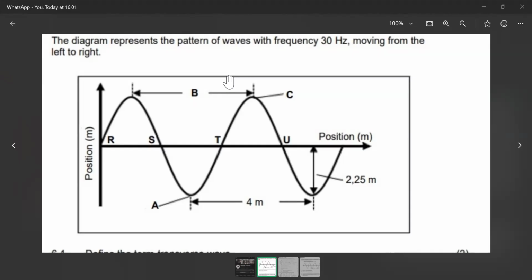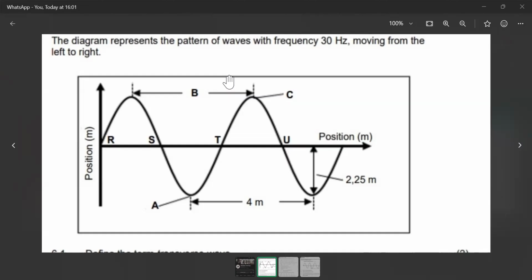This is what you will say. You have to tell them that in order for 2 points to be in phase, they have to be separated by a complete number of wavelengths.